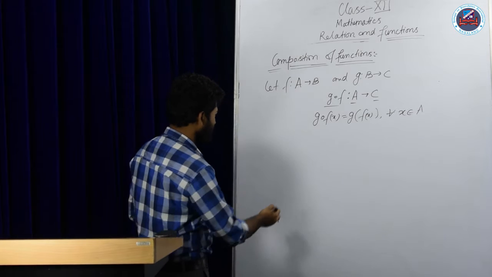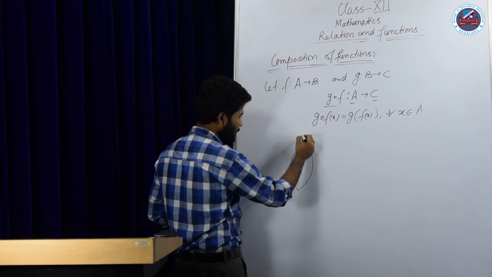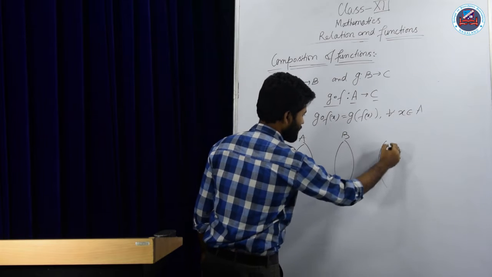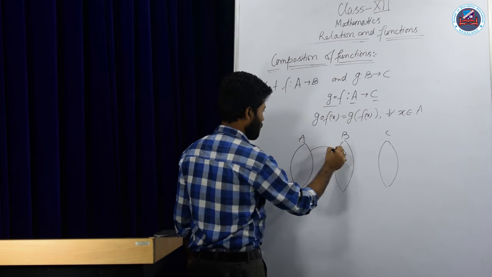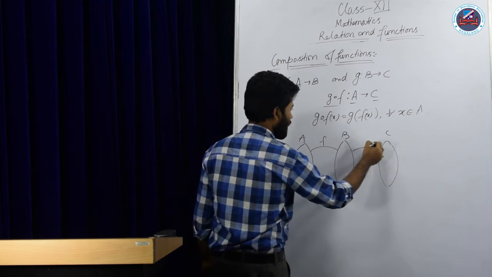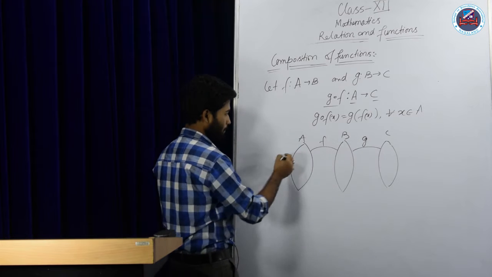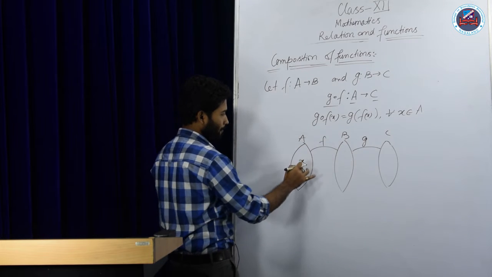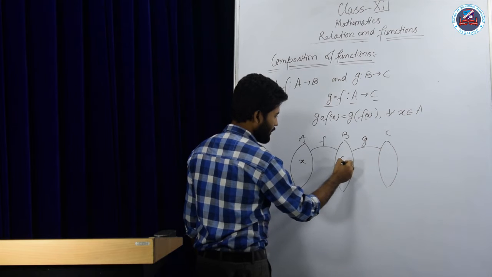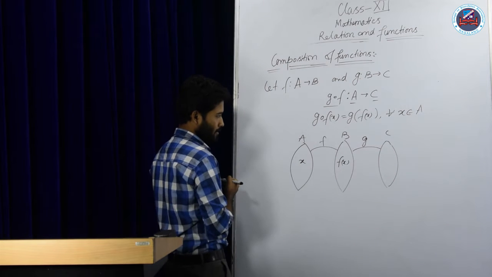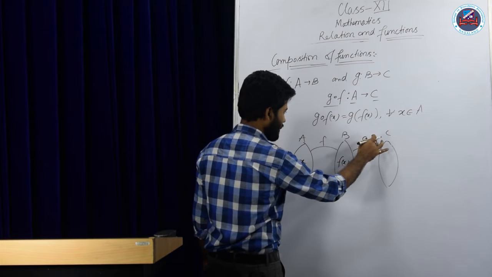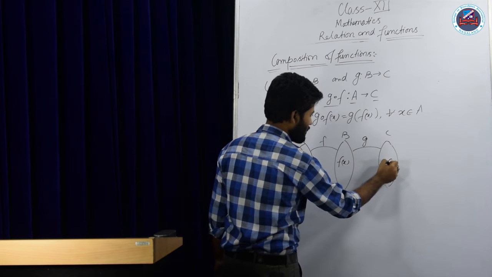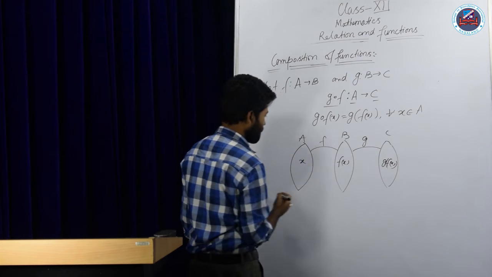So diagrammatically, if this is our A, this is our B and this is C, where f is a function from A to B and g is a function from B to C. If we take x here and apply f, our new element will be f of x, and if we apply g on f of x, we shall get the element g of f of x.